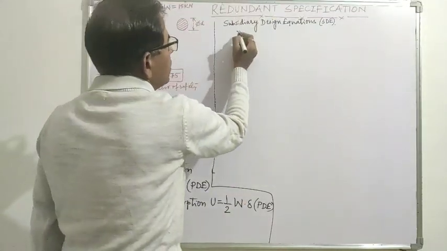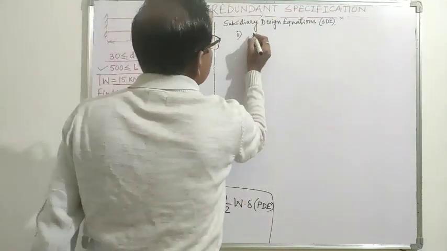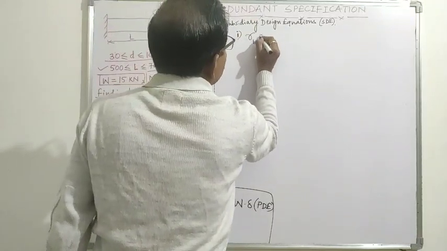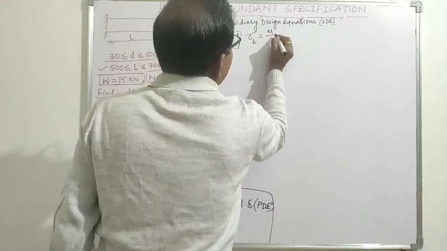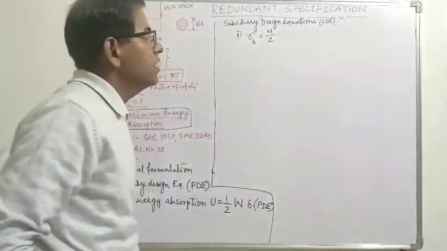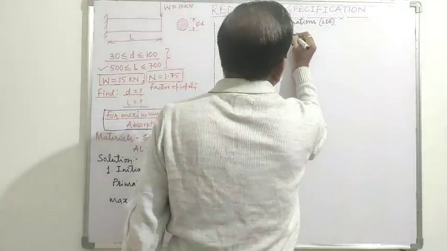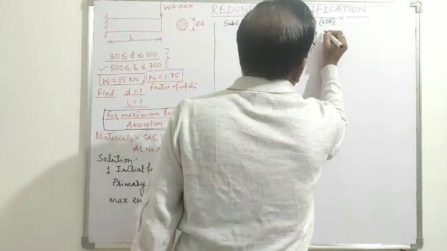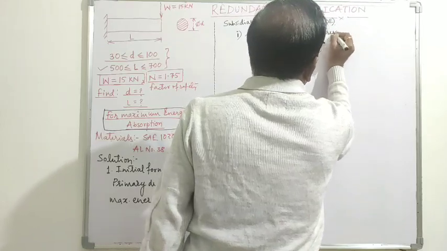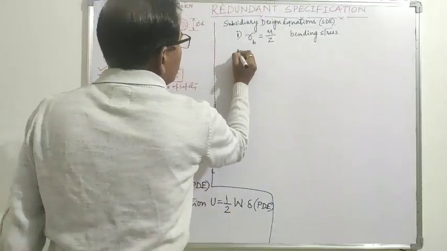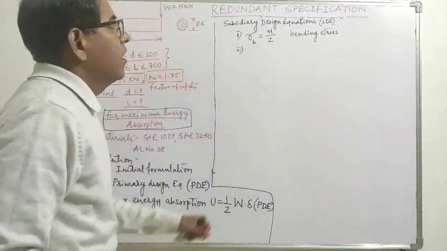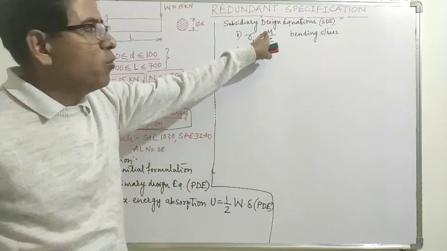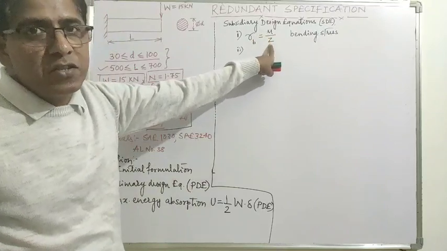So first is the bending stress. Bending stress is given by M by Z, where M is the bending moment and Z is the section modulus.